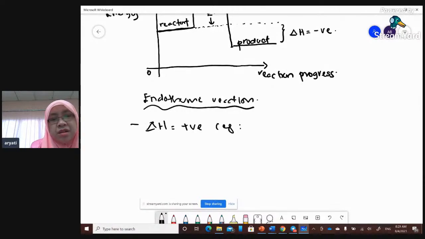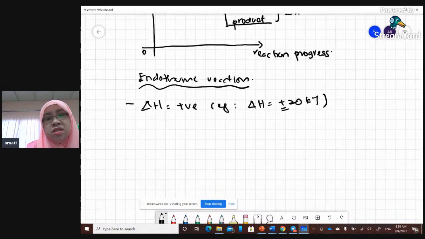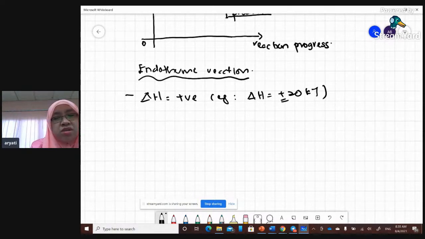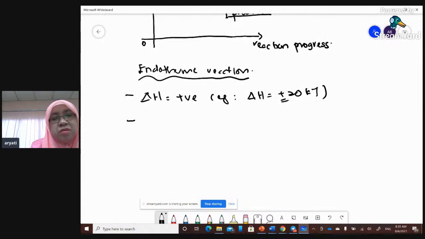Okay, example, delta H is positive 20 kilojoule. So tanda positif ni menunjukkan the energy is absorbed from the surrounding.